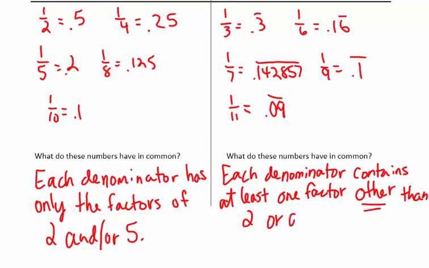So like 1/6 contains a factor of 2, but it also has a factor of 3. So that's what makes it repeating. Just that one factor that's not a 2 or a 5 will change that whole decimal into a repeating decimal.